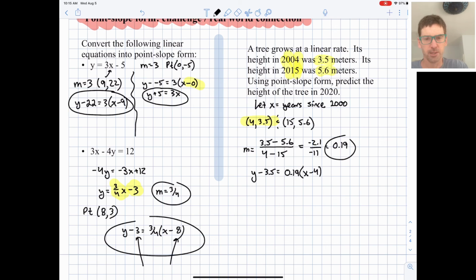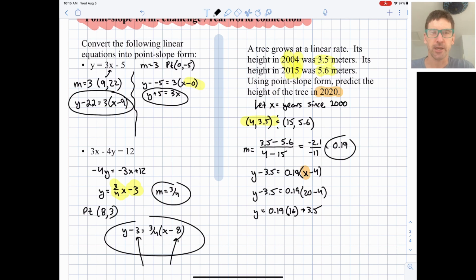And we want to plug in that year in for x, remembering that 2020 needs to be converted to just the year 20, since x is the years since 2000. So y minus 3.5 equals 0.19 times 20 minus 4. I can add 3.5 to both sides right away. That turns into a 16, the 20 minus 4.